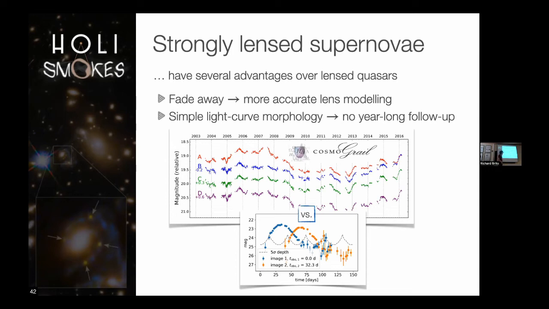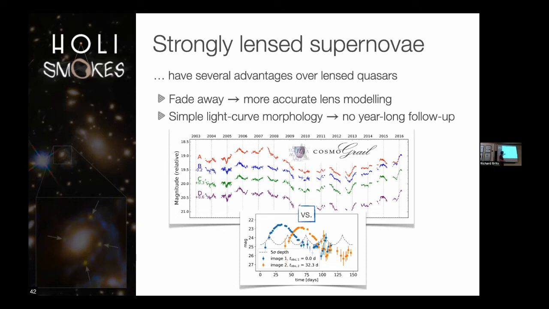Because there is an additional complication, namely that you have microlensing distortions on the light curves. So the individual images can also be additionally lensed by individual stars or individual compact objects in the lens galaxy. And that distorts the light curves.